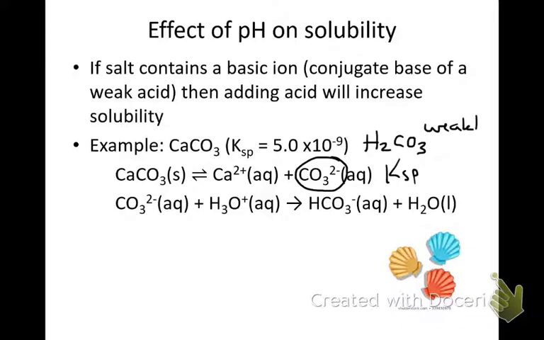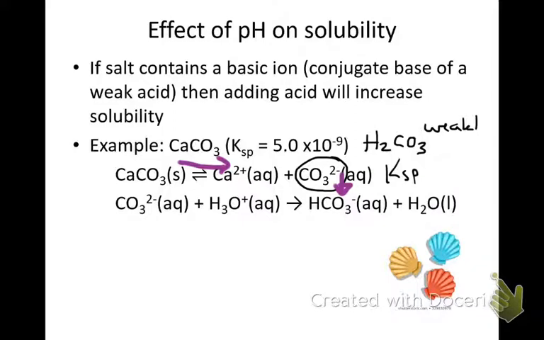Okay, so if we have that conjugate base of a weak acid, then in the second reaction, neutralizing that CO3 2- with H3O+, adding acid to the solution, will cause some of the CO3 2- to become HCO3-. And so that effectively decreases the concentration of a product, which will result in the equilibrium shifting toward the products. And so therefore, calcium carbonate is more soluble in more acidic water.